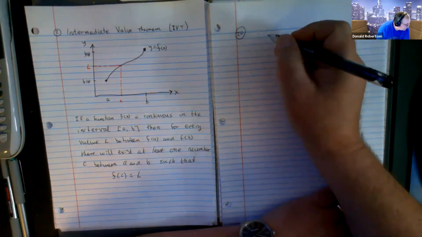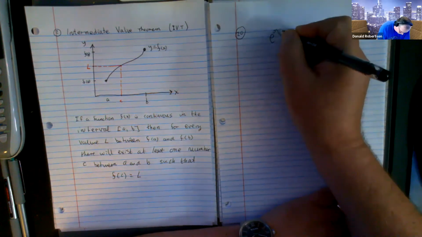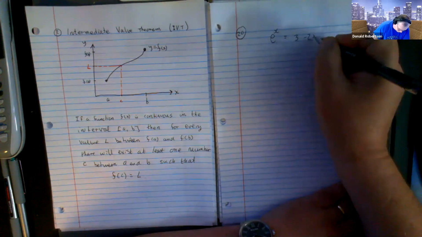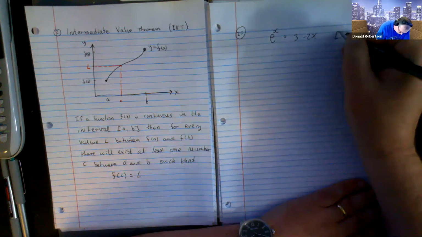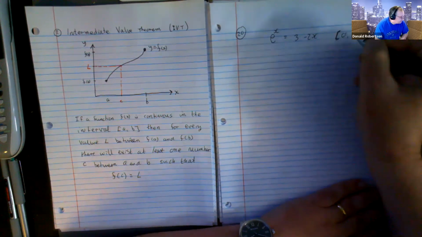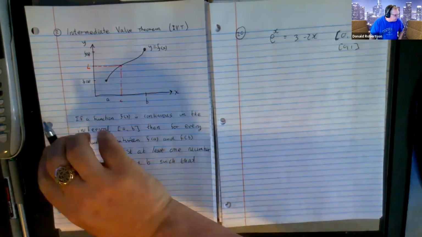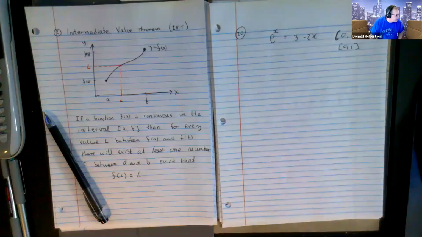We're going to use the intermediate value theorem to prove that there's a solution to this equation in the interval 0 to 1. Well, that's fine. You could say 0 to 1 that way, it wouldn't make any difference. So I'm going to nip over and show you what it looks like in the homework and see if we can make some sense of the way they ask.